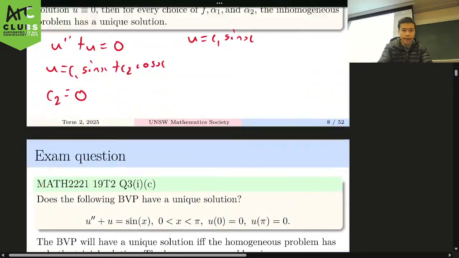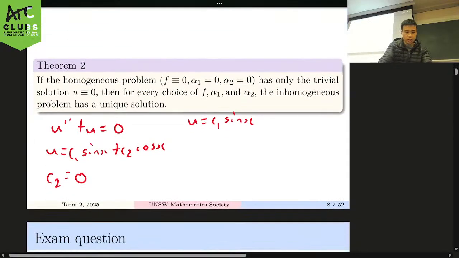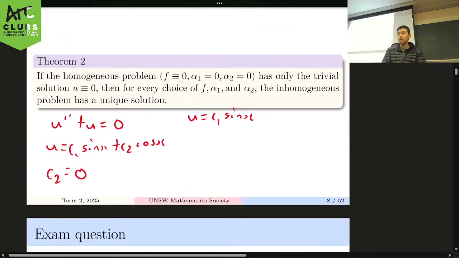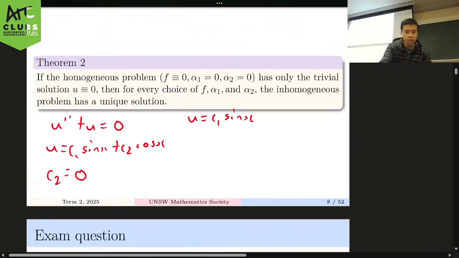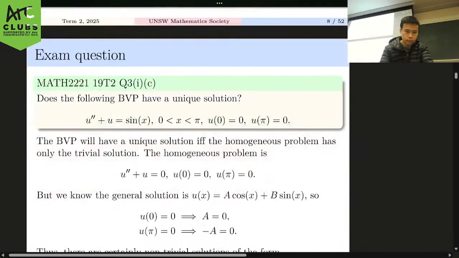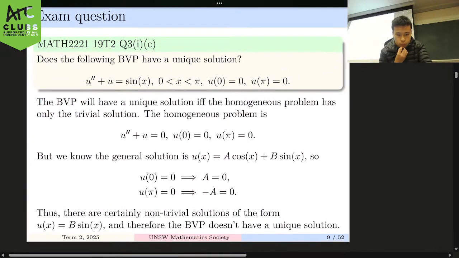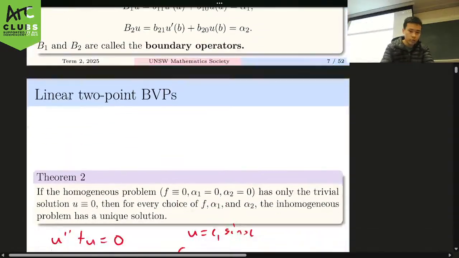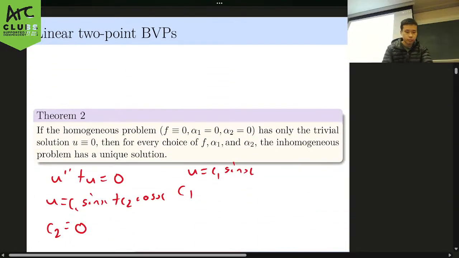Let's talk about, yeah, I was talking about only the homogeneous problem, but actually for the boundary value problem, if we sub that in... Oh yeah, no, we're meant to be using this in the sense that the homogeneous problem doesn't have the trivial solution, because if it was the trivial solution, we can straight away conclude the inhomogeneous problem is unique.